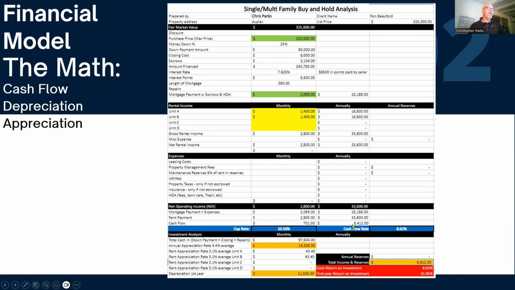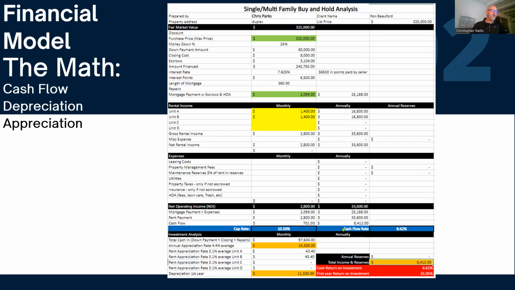Now, that's annually, meaning that after his expenses on this very specific property, he is taking home $8,400 to help him with putting his kids through school, supplementing his retirement, whatever it is that he wants to do with that $8,400. Some of it eventually will end up being in maintenance and other items like that. But for the most part, he was going to get $8,400 as far as return.